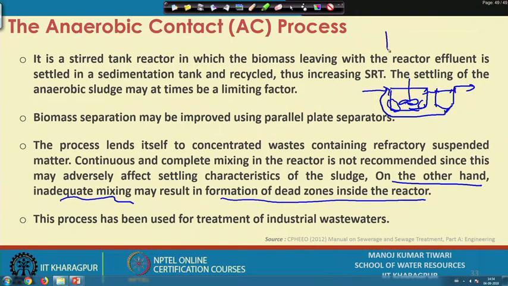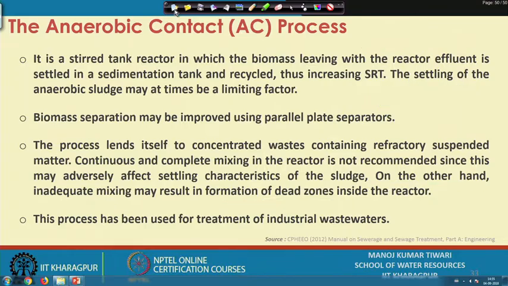Short circuiting essentially means that a packet or plume of flow directly finds its way through, coming in this way and not spending adequate time in the reactor. That may also be a problem in this case. This process has been used for treatment of industrial wastewater, through anaerobic contact processes, where the biomass is kept in contact with the help of a stirring system.